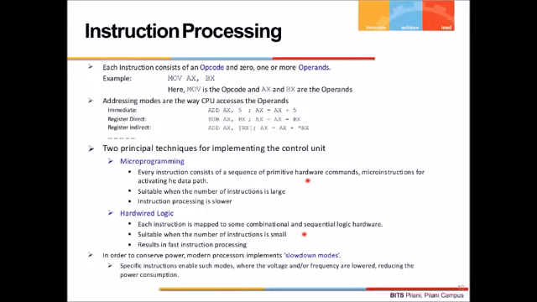Here it is directly mapping to hardware, but it is suitable only when the number of instructions is small, because a large number of instructions requires a large amount of similar hardware, which will increase the chip area, and if it is a huge number of instructions, it may not be possible to implement at all. Since the instructions map directly to hardware, the instruction processing is quite fast.